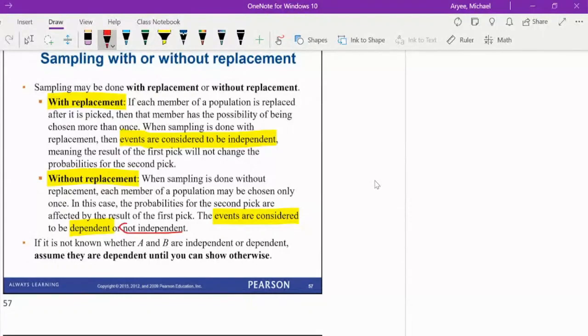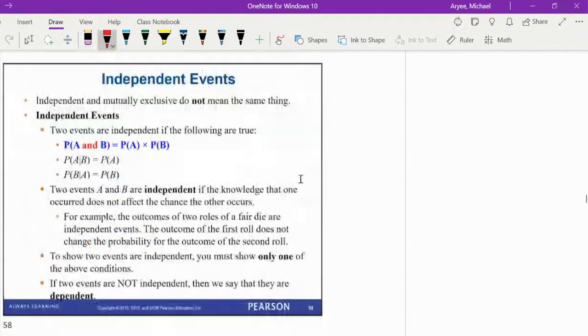Dependent is also not independent. We said independent if the result of one does not affect the chances that the second one would occur, or whatever the result of the second one would be. Dependent is when the fact that one event has occurred affects the chances of the other one.